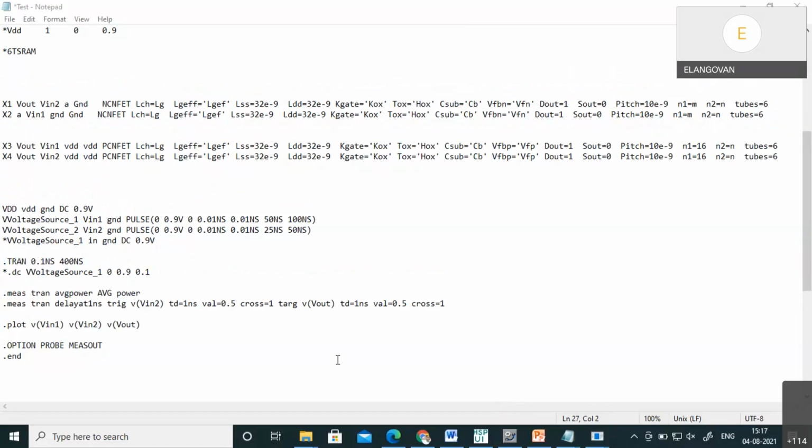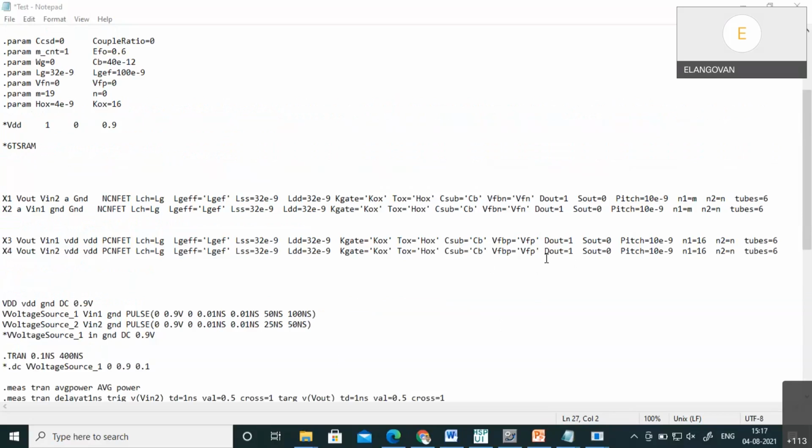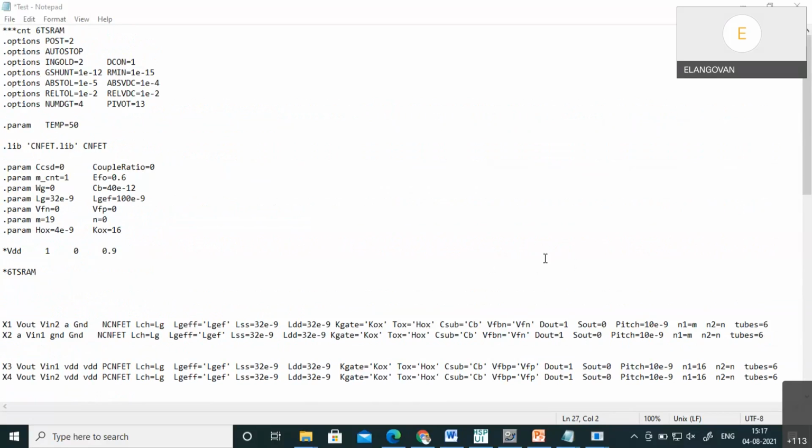How to change the technology file? Where, ma'am? Where are you asking, in Cadence or here, in the CNTFET code? Here we have the .lib. Or are you asking about the technology file in the sense of the model file, the library file?